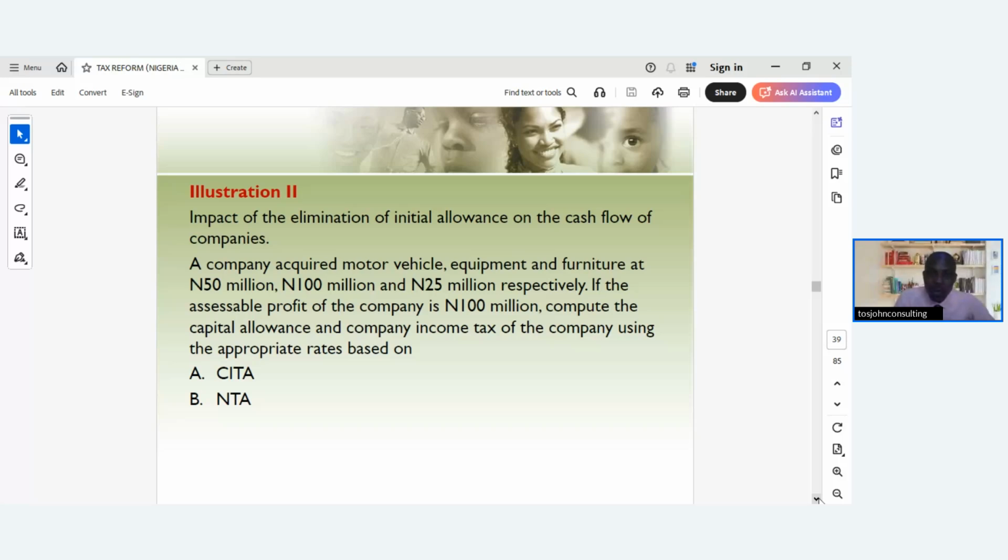If the assessable profit of the company is 100 million, compute the capital allowance and company income tax of the company using the appropriate rates based on CITA, which has been repealed, and the NTA, which is now in force. So we want to look at the comparison of what we have currently and what we'll be using from 2026.